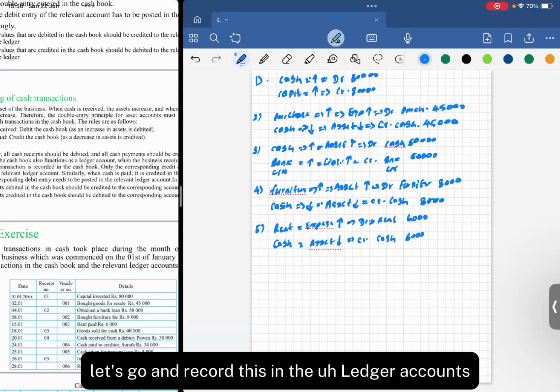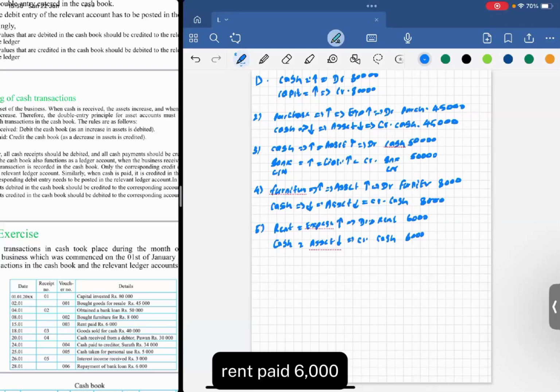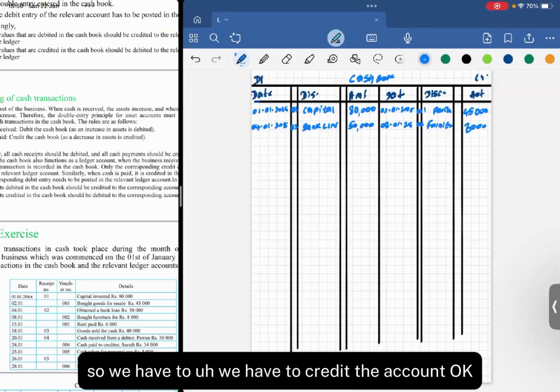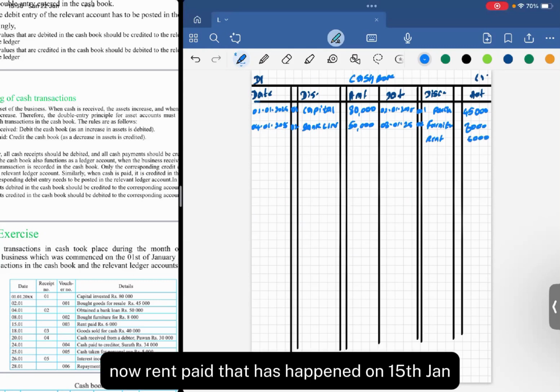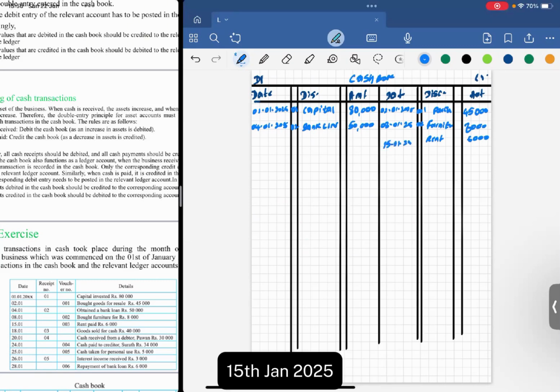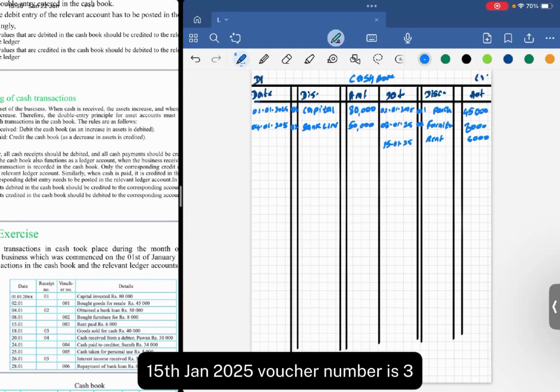Okay, let's go and record this in the ledger accounts. Rent paid 6,000. So we have to credit the cash account. Rent paid 6,000. Now rent paid happened on 15th Jan 2025.